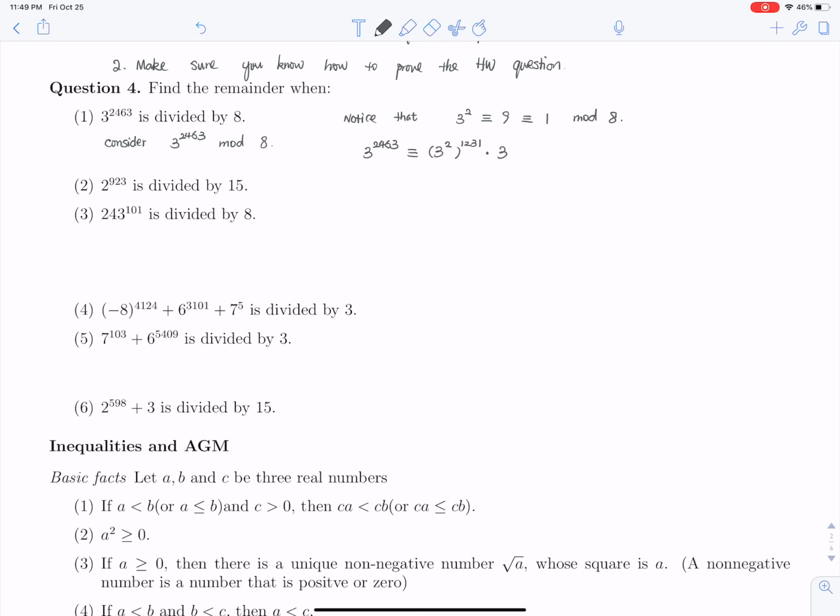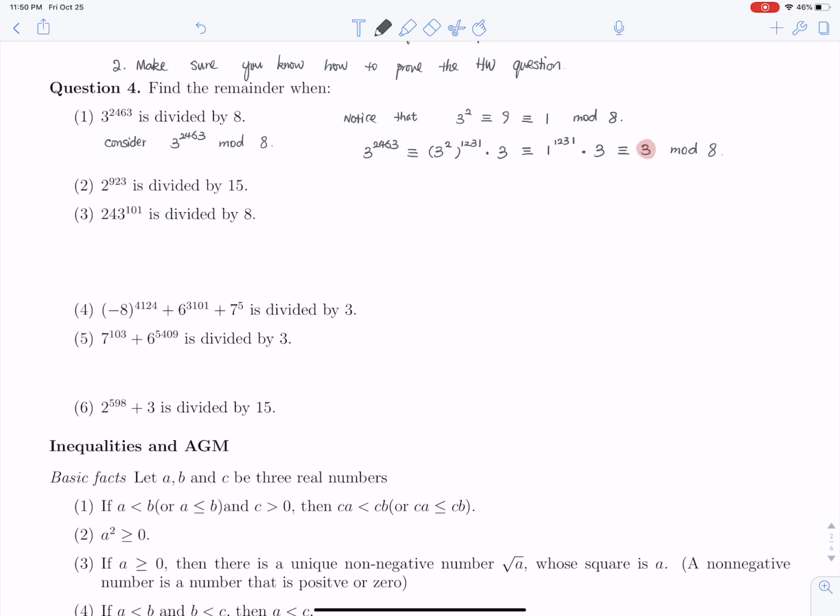So 2 times 1231 is 2462, and then you plus 1 here. So this will give you 1 to the power of this large number times 3, which is 3 in mod 8. By this, we know that our remainder is 3.